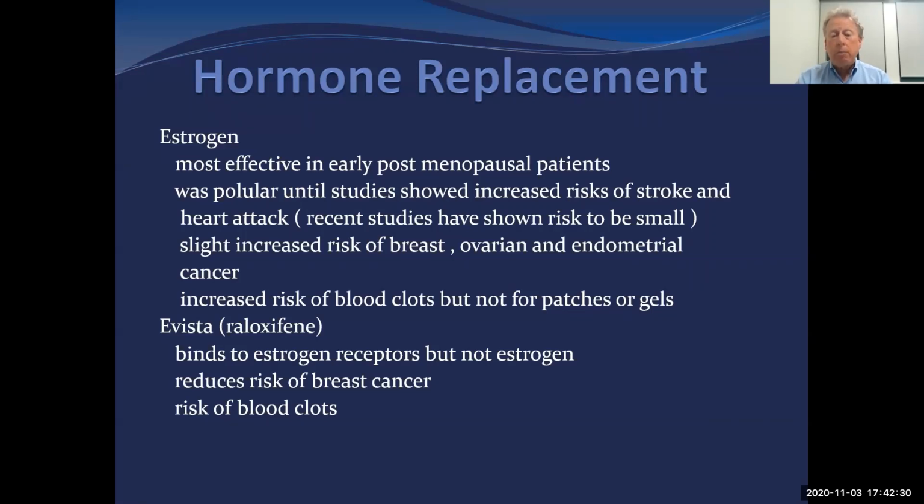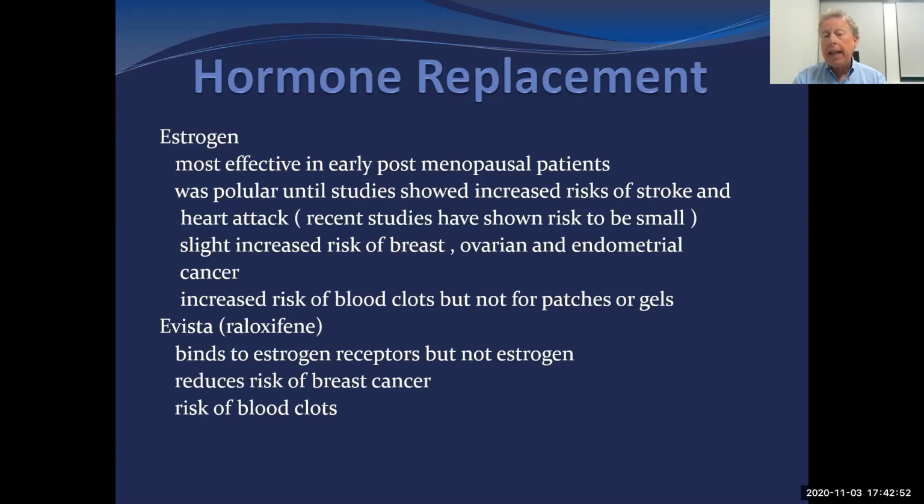It fell out of favor because of some studies that showed that estrogen replacement can predispose you to strokes and heart attacks. It also can increase the risk of breast, ovarian, and endometrial cancer, as well as increased blood clots, but not patches or gels. So estrogen kind of fell out of favor.